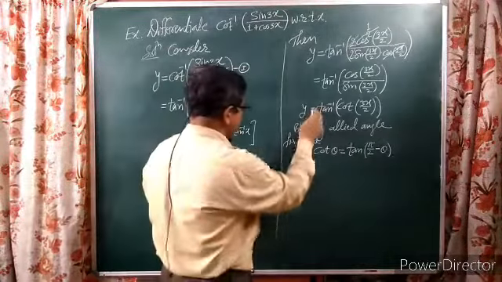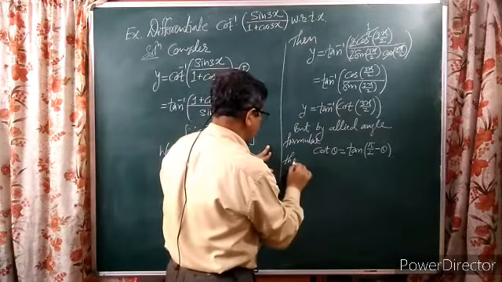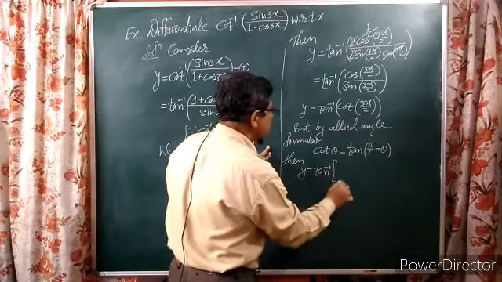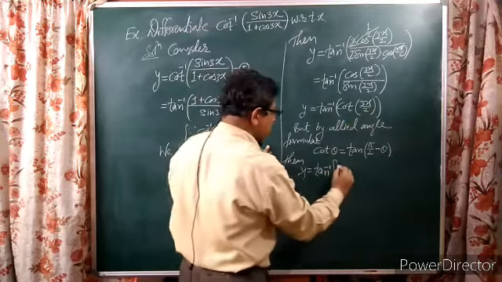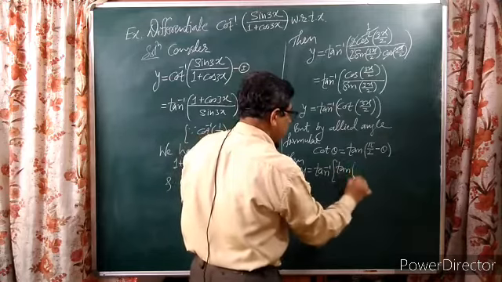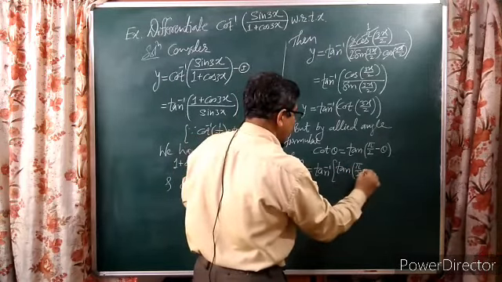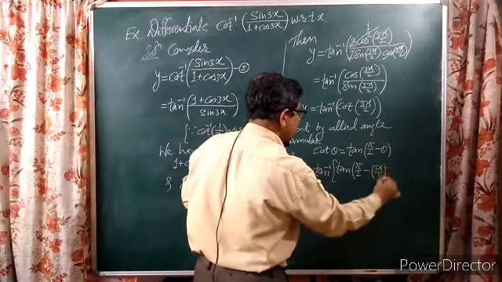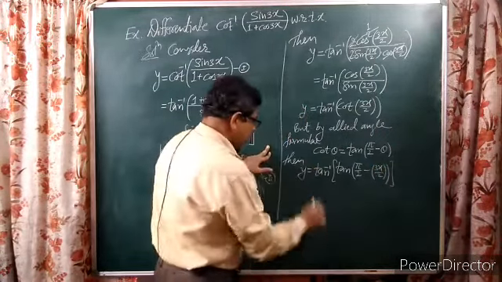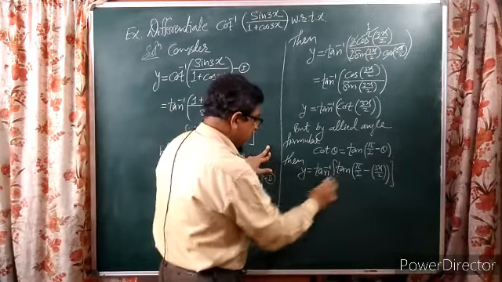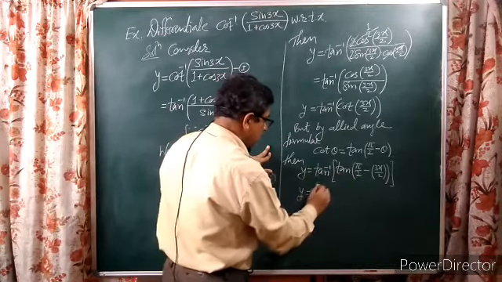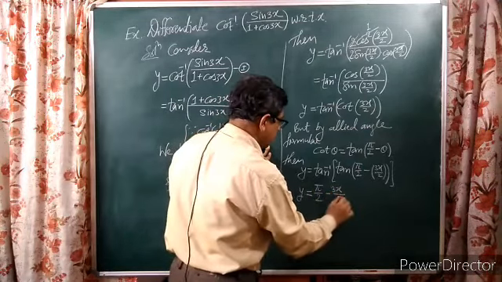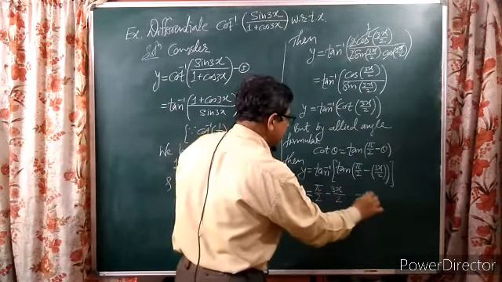Because of this we get y is equal to tan inverse of tan of pi by 2 minus theta, and here theta is 3x by 2. So tan inverse of tan gets cancelled, and we are getting y is equal to pi by 2 minus 3x by 2. Call this number 3.